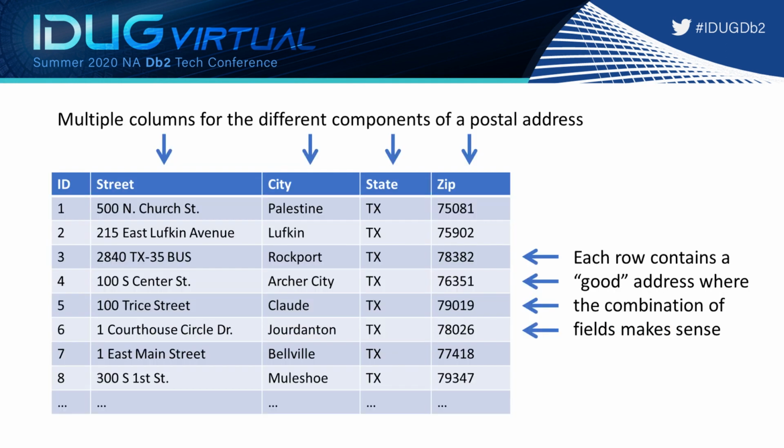Remember for a moment what's inside our lookup tables. If we look at the one for addresses, then there's of course an ID column that starts with 1 and just keeps counting upwards. Then we have 4 additional columns, and these columns are used for the components of our addresses. In every row there is one address that really exists, so the street is a street that really exists in that city, and the city matches the zip code, and so on.